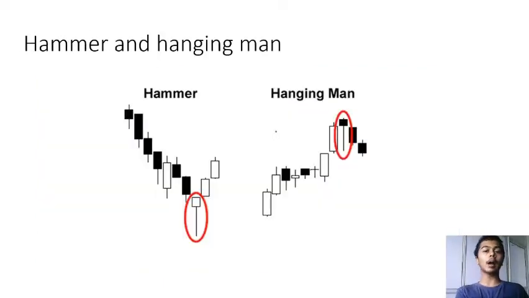Next is the hammer and hanging man. To understand, as you can see, it's marked out over here and over here. It's the same pattern, but the hammer comes when there is a downtrend. As you can see, there is a downtrend forming, and then this pattern forms, and then the move starts upside. So this is a reversal pattern. What does reversal mean?